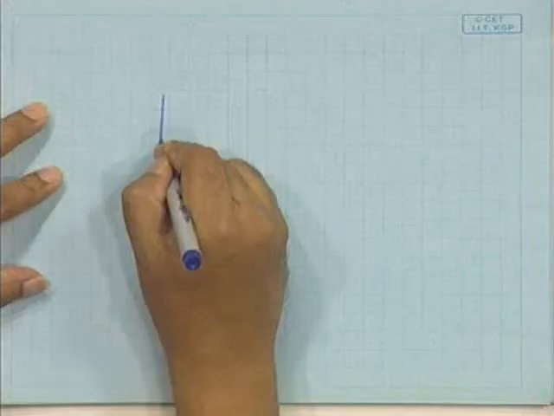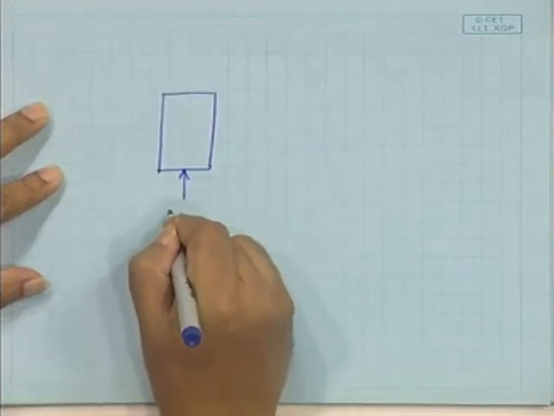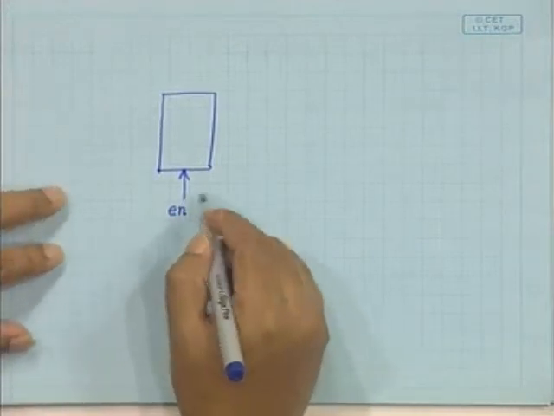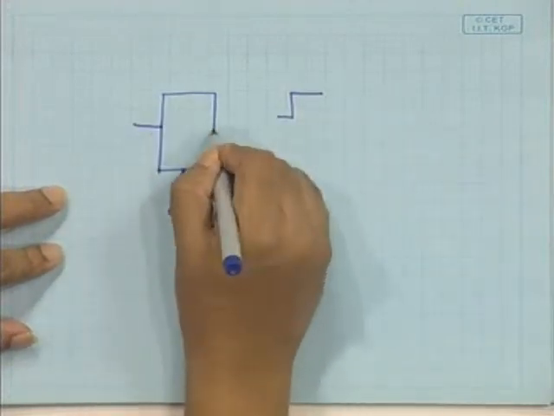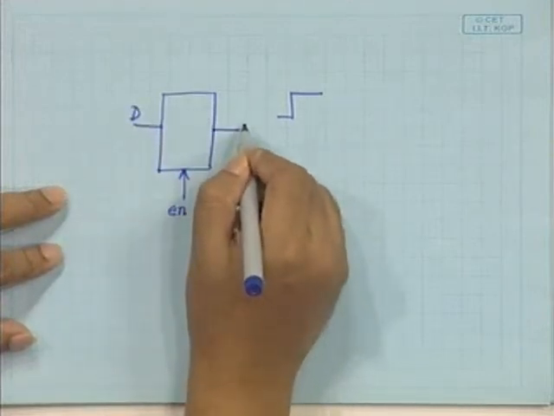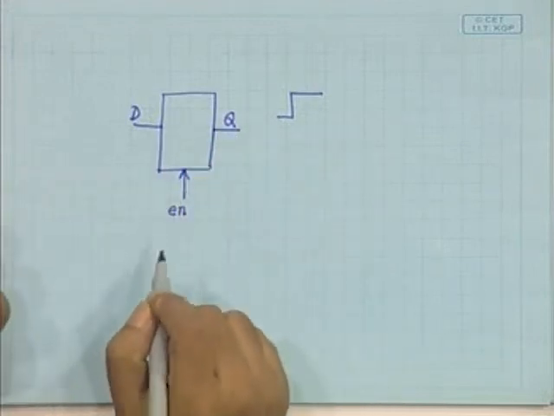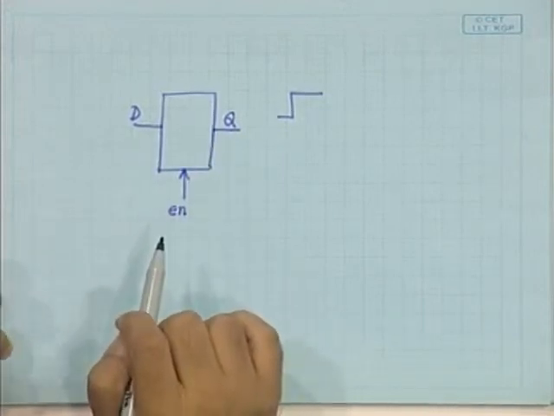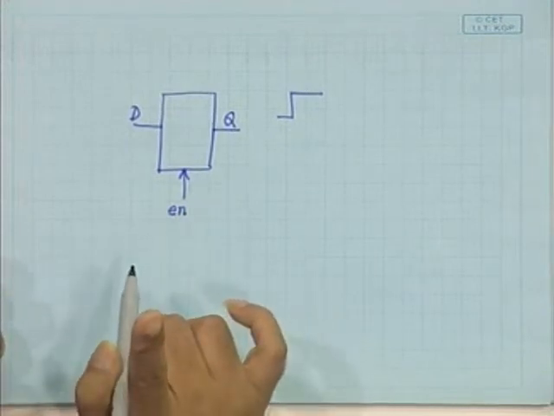So, for example, if I have a latch here and if I have an enable signal which is high enable, that means that when enable is high, whatever data you put here is going to appear here immediately. In other words, this becomes transparent when enable is high, right? When enable is low, then it holds its previous value.